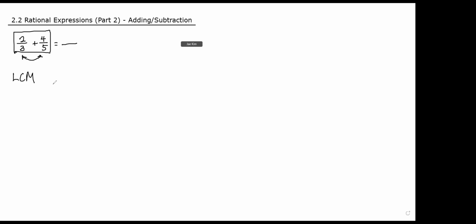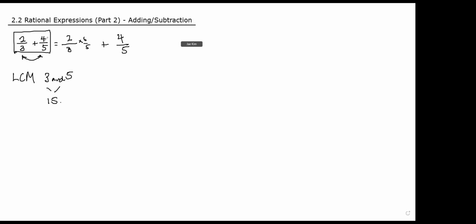Okay. The lowest common multiple of 3 and 5 would be 15. It just happens to be the multiplication of 3 and 5 as well. So if I want 3 to become 15, I'm multiplying the numerator and denominator by 5, which is multiplying by 1. That is, I'm doing this: 2/3 times 5/5 plus 4/5.